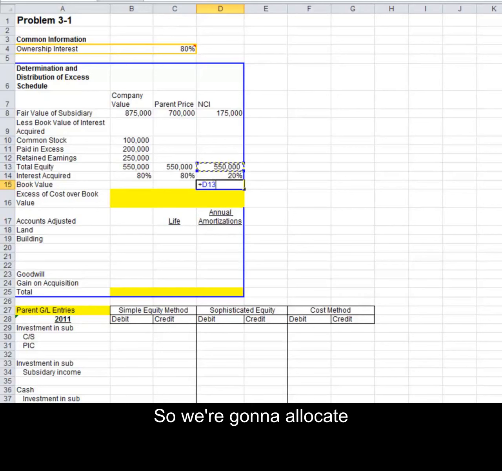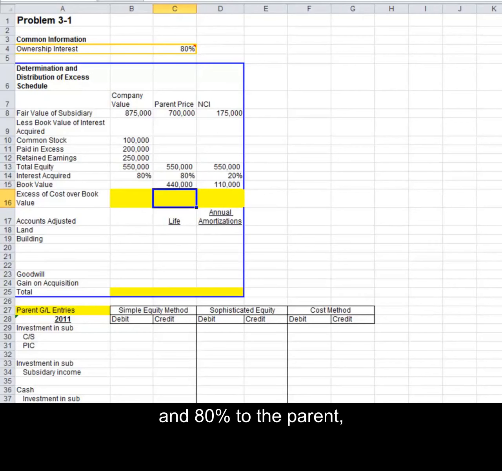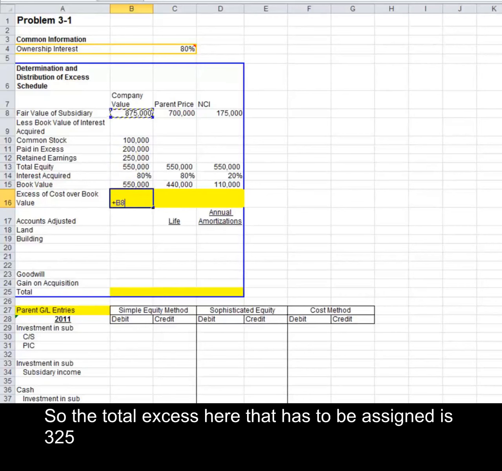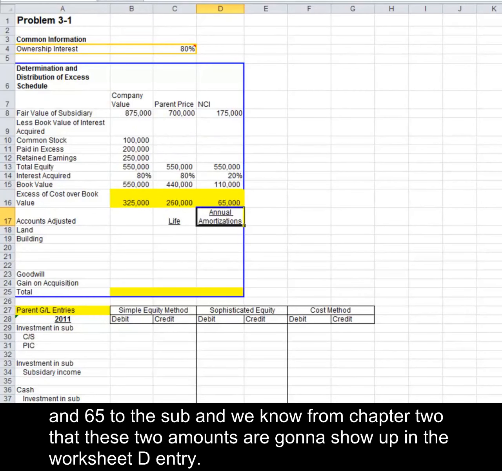So we're going to allocate 20% to the non-controlling interest and 80% to the parent, and the total is still our basis for determining the excess. So the total excess here that has to be assigned is 325. Of that excess, 260 belongs to the parent and 65 to the sub.